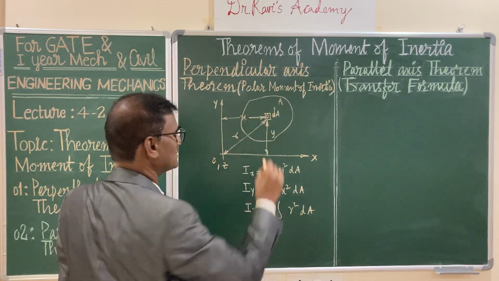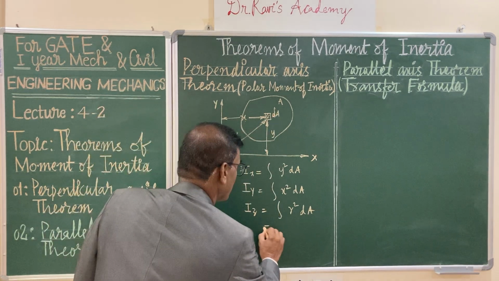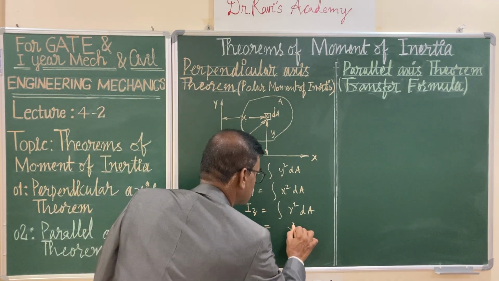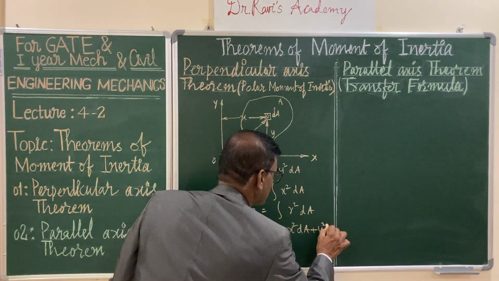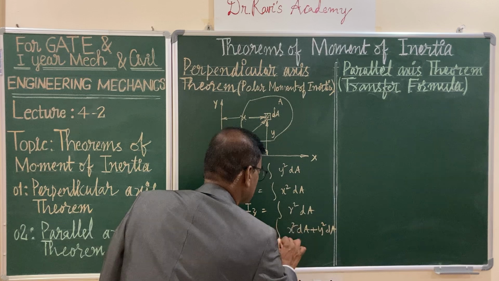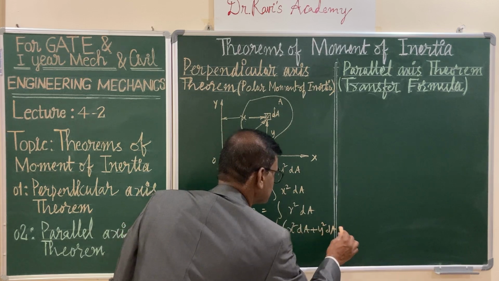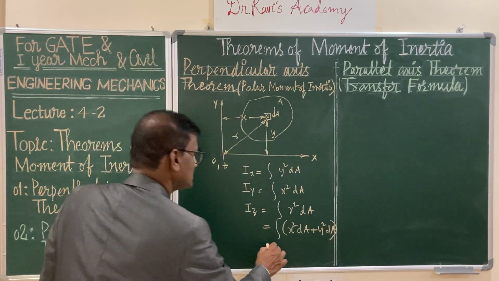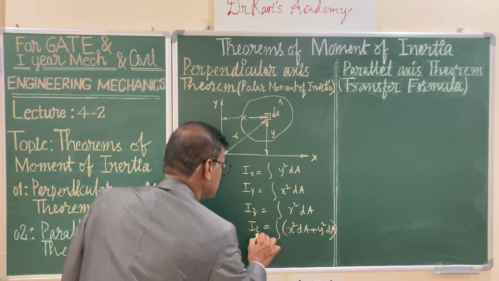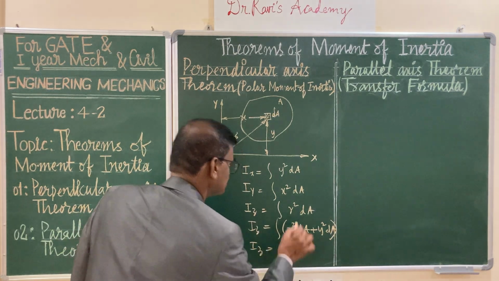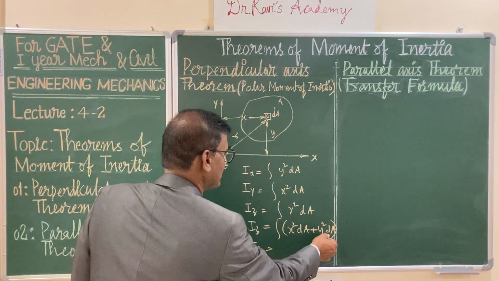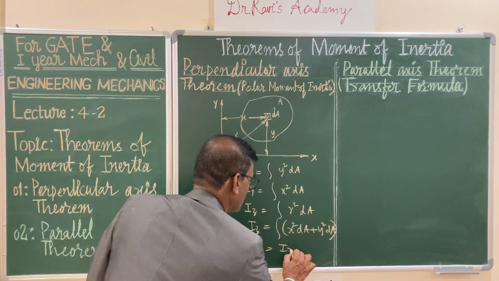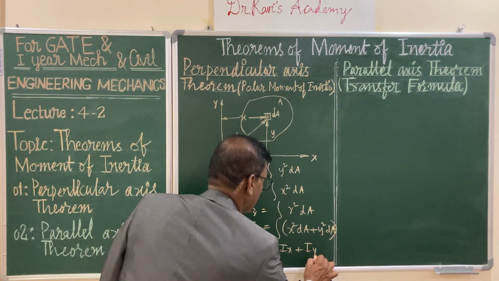You can replace it with x square plus y square, and you can write down integral x square dA plus integral y square dA. So this is nothing but Iz is equals to, x square dA is nothing but your Iy, and this is Ix. You can write down it is Ix plus Iy.